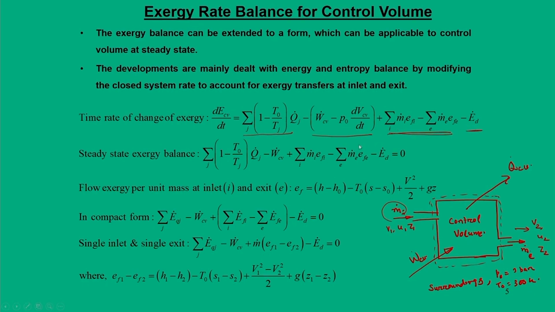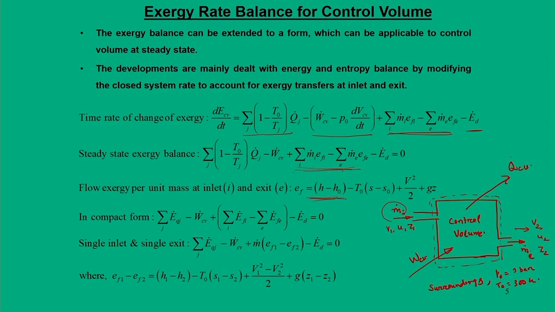And these equations can be reduced for a steady state where dE_CV by dt is 0, and we can write that expression. Subsequently, in this case there could be multiple inlets and multiple outlets, for which we have a summation over inlets and a summation over outlets. Now, if there is a single inlet and single exit, then this information will come in the form of enthalpy for unit mass.